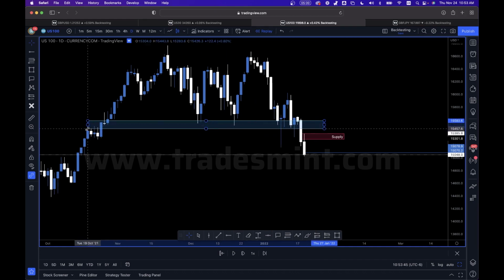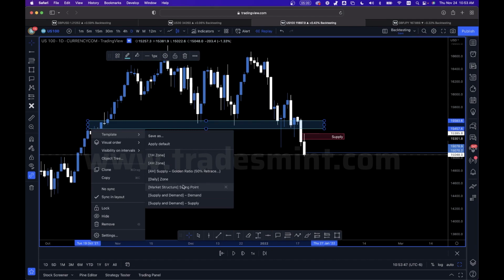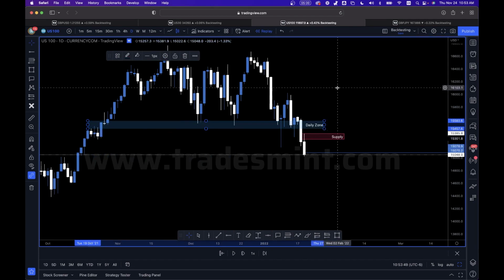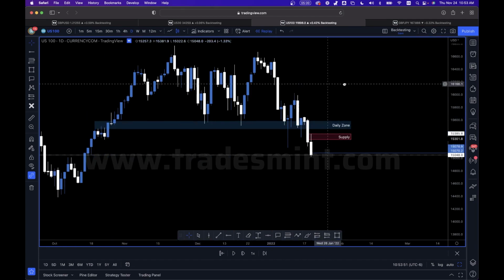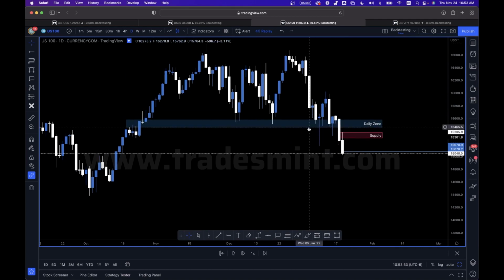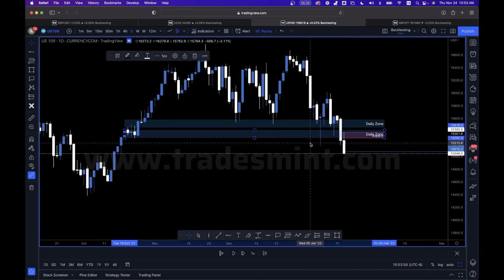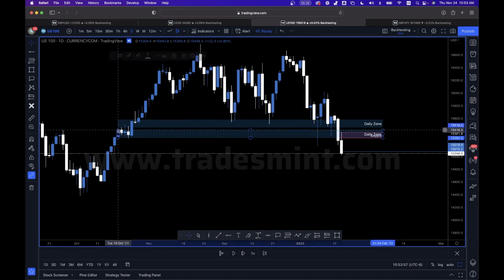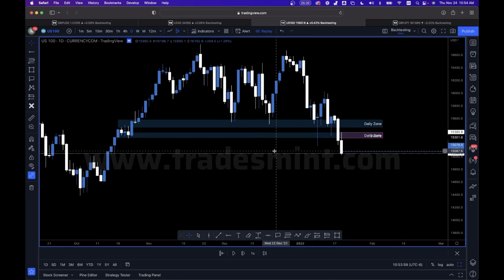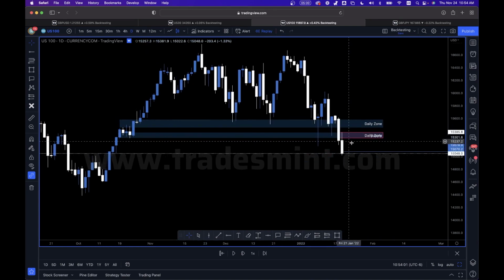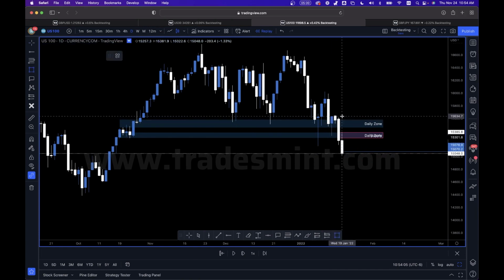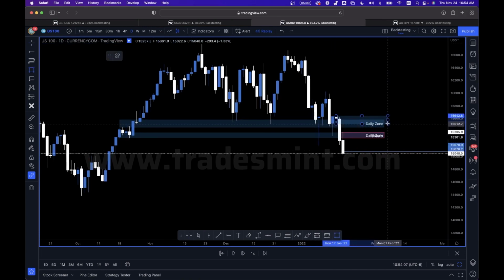So this is a level here on the daily level. This is a daily level. Price is breaking another one here. So price broke this level, it left us a daily supply, drop, base, drop up here.